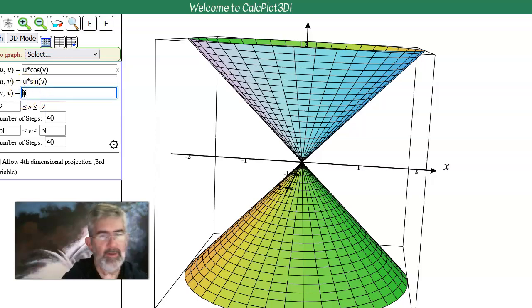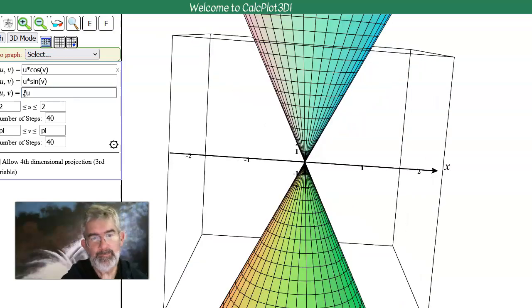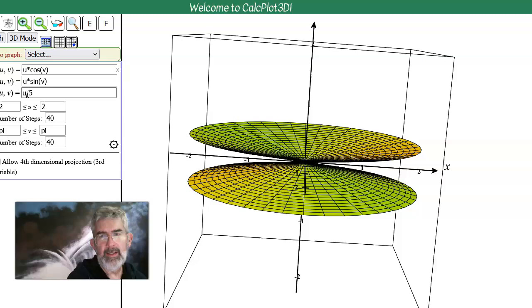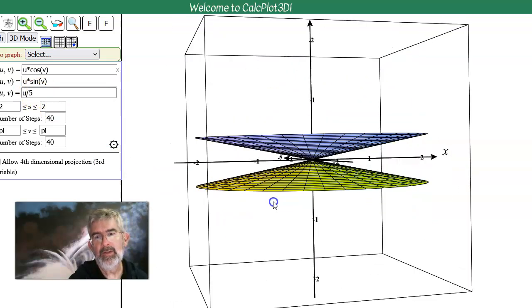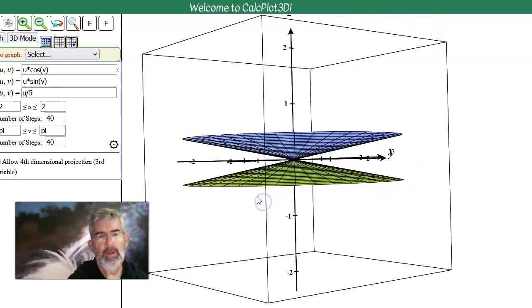You can change the pitch by changing the relationship between U and Z. If you wanted to go up faster, make this a 2U, right? So it grows more quickly. Or if you want it to be less quickly, make it U divided by 5 or something like that, so that it doesn't go up as fast. So you can do all kinds of things to make different cones. You can also vary the X radius versus the Y radius.